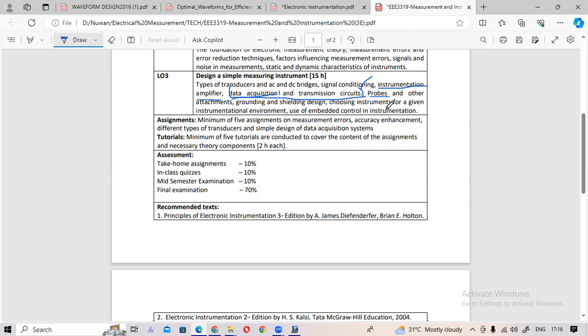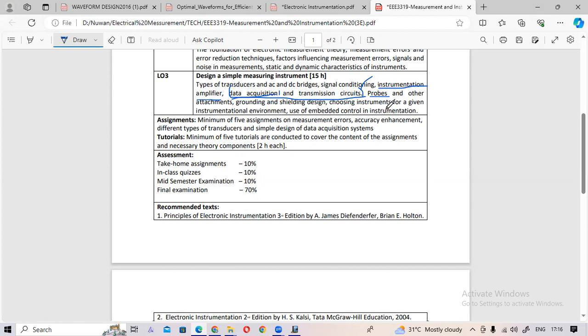So when you are selecting the probe for any instrument, you should be able to connect it to the instrument. The connector type should be matched. Especially if we are measuring signal, oscilloscope or spectrum analyzer, you need to have a transmission line.